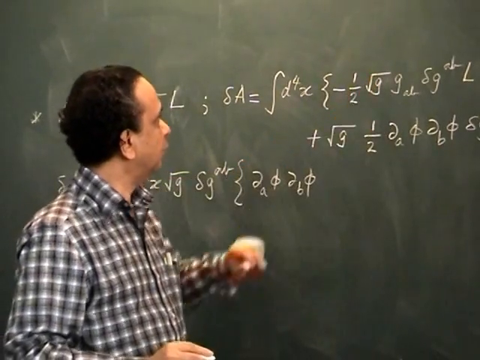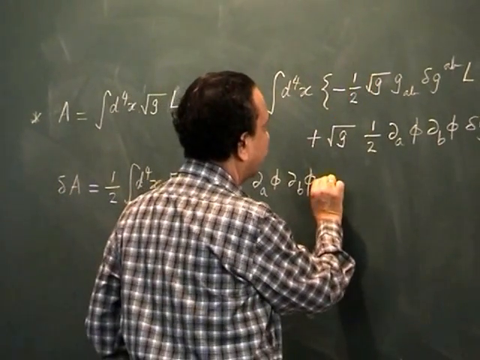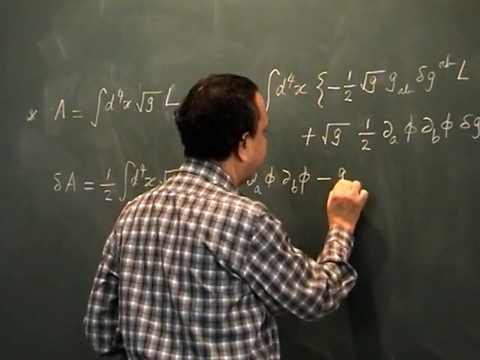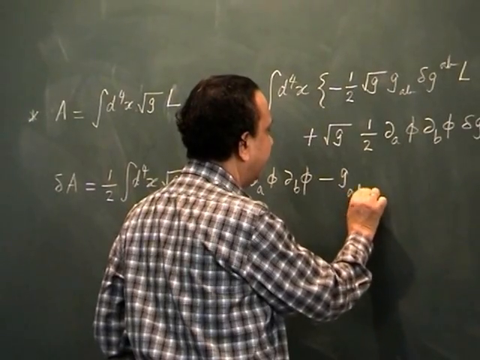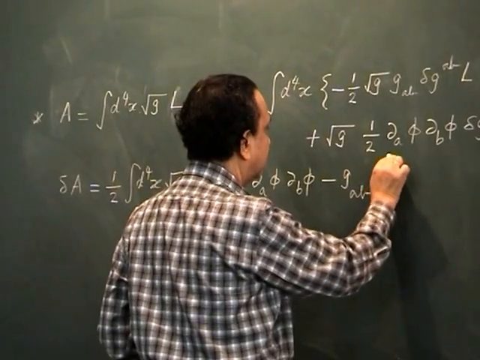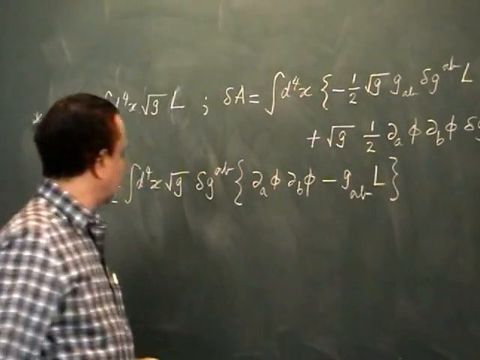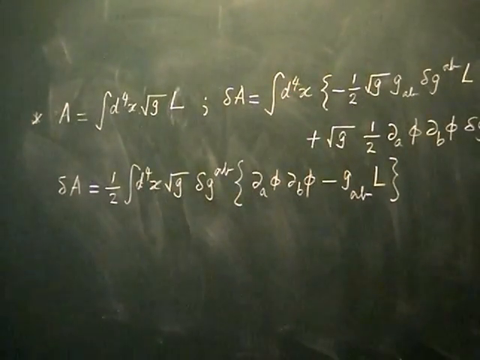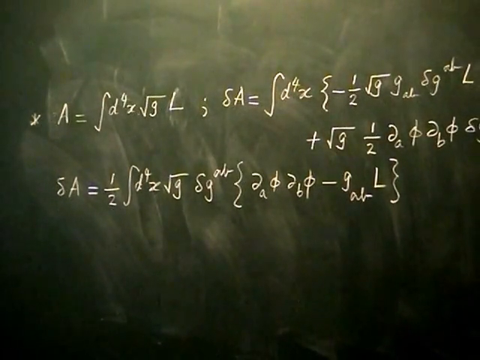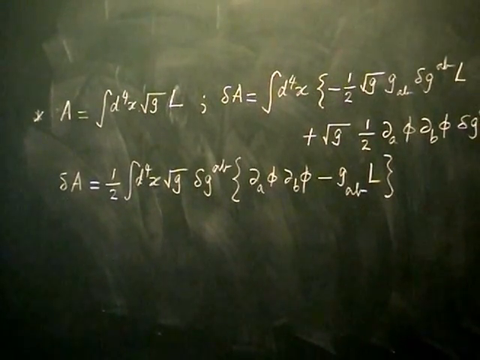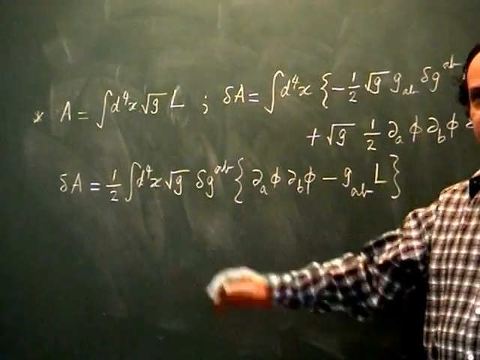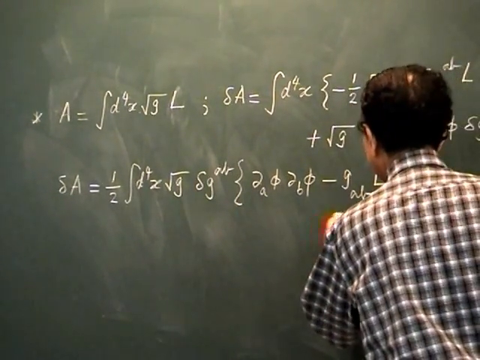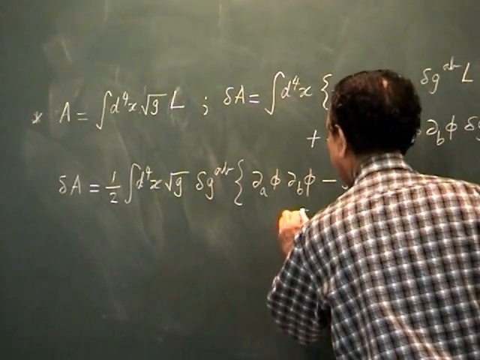Then in this, once I have taken all of them out, I am going to get minus G_AB L. So if you look at the definition of TAB, it is half this volume factor TAB delta G^AB. So you have exactly that here. This allows you to identify this quantity as TAB.